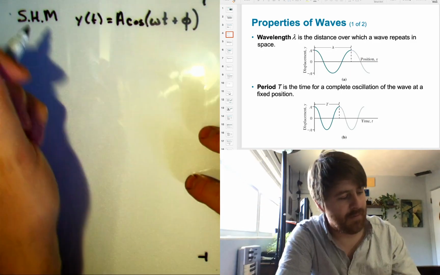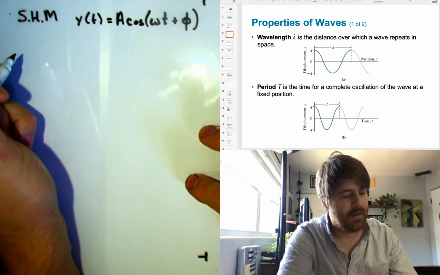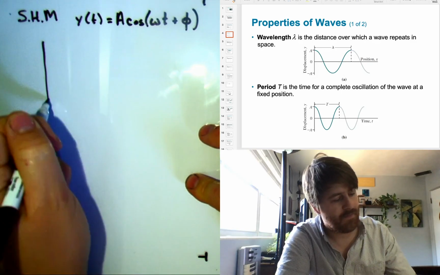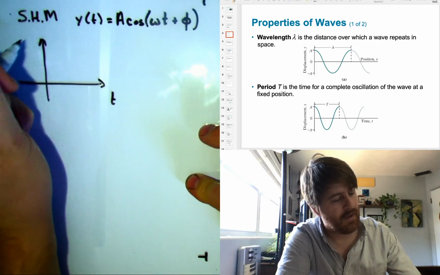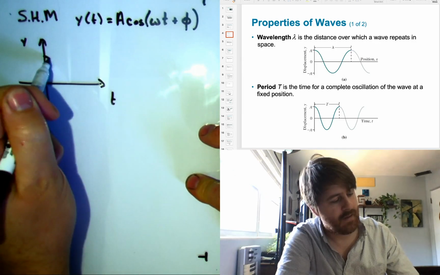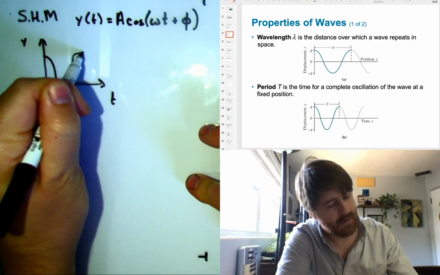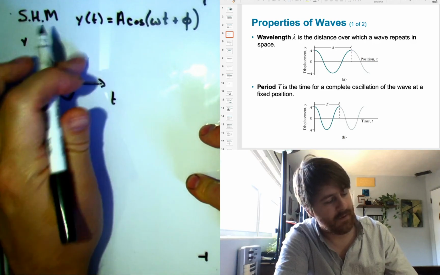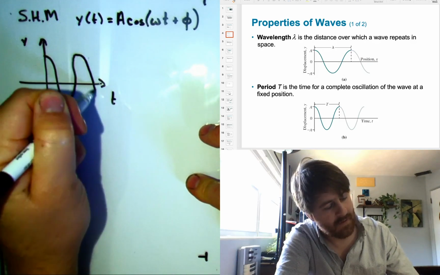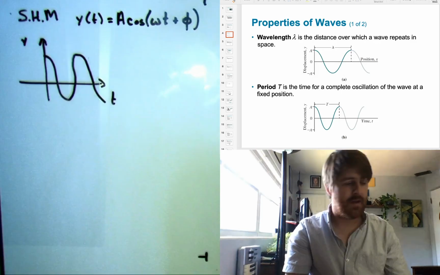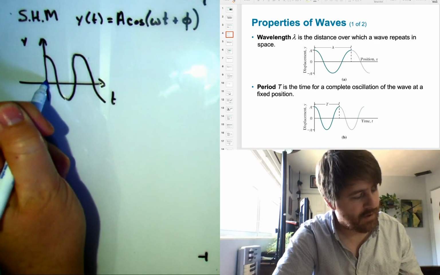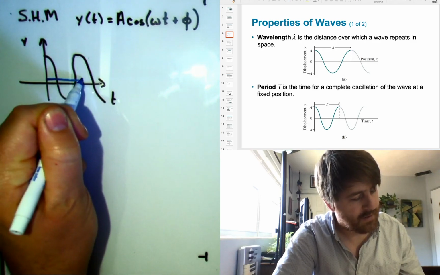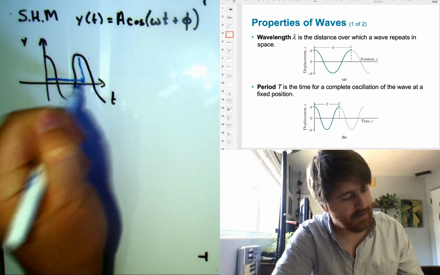Remember from simple harmonic motion that the period, t, on a plot of y versus t. That's not a very good drawing. The period is the time it takes to go through one complete cycle of the wave.